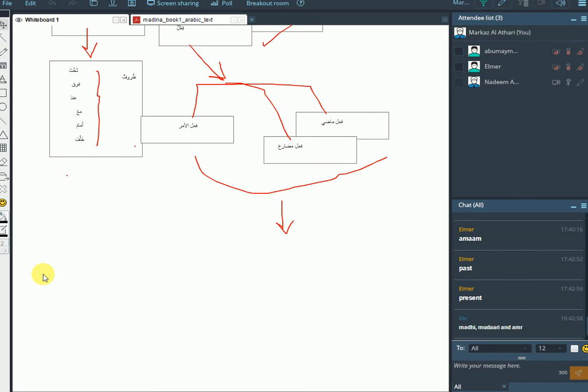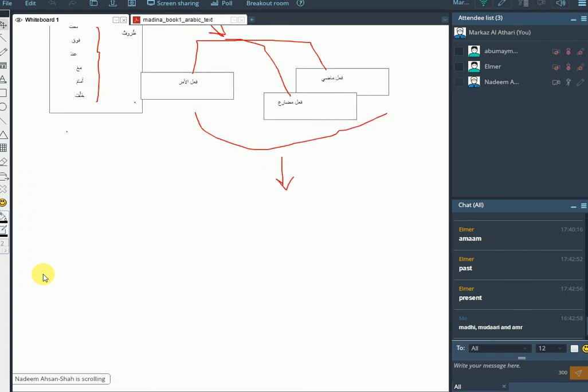What does every action require? Every action requires somebody who did the action. Every action requires somebody or something who did the action, who that verb, the action, is related to.